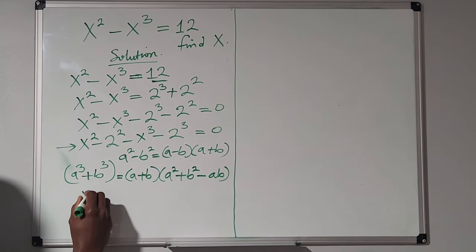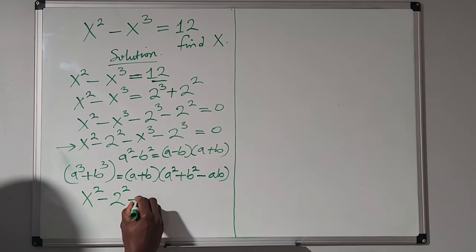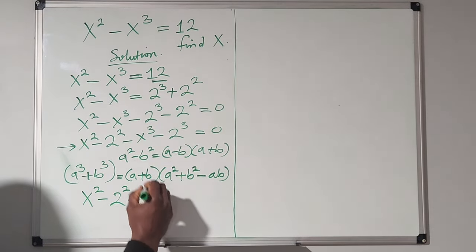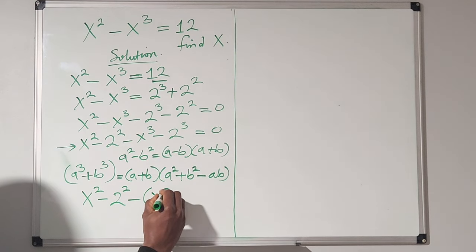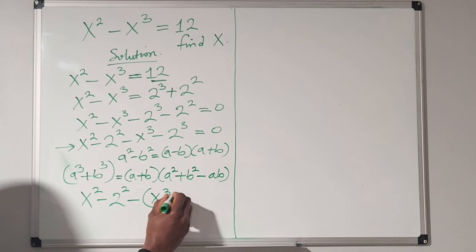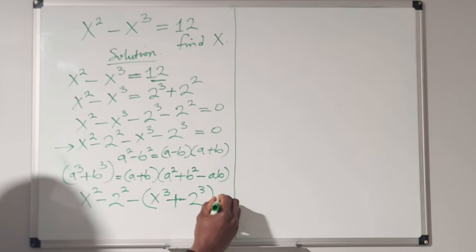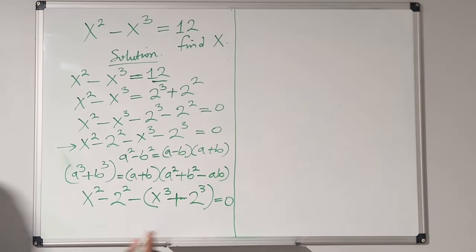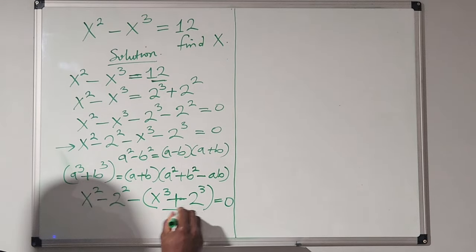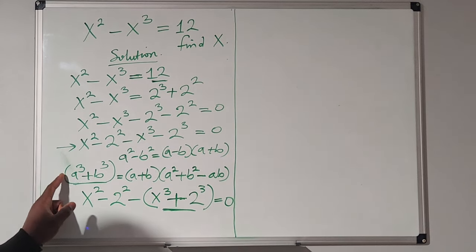So let's rewrite this section. It becomes x squared minus 2 squared minus bracket x cubed, and this becomes plus because minus times plus will give us minus, 2 cubed equals 0. Then now we can try to open this up using this equation.